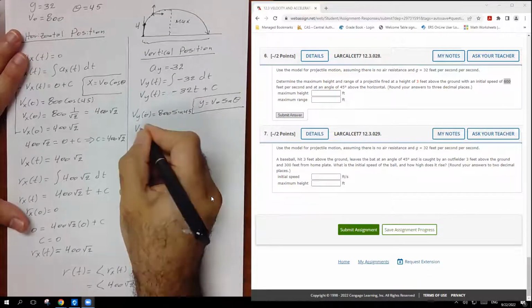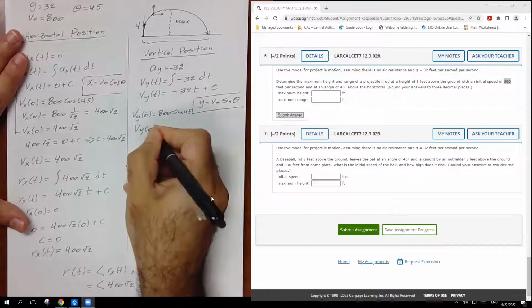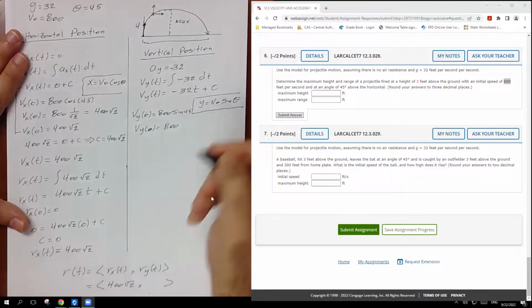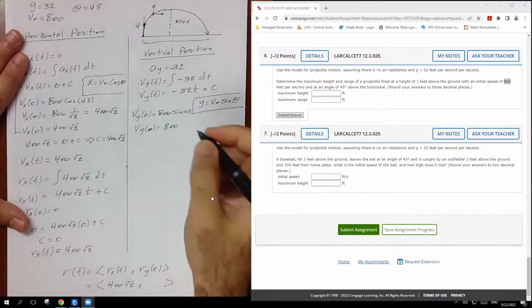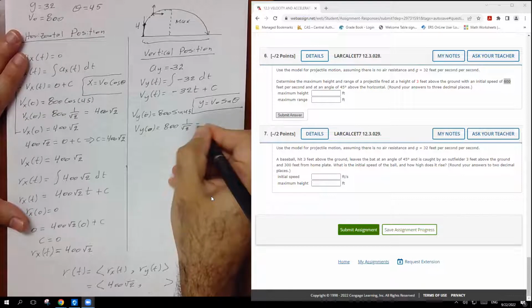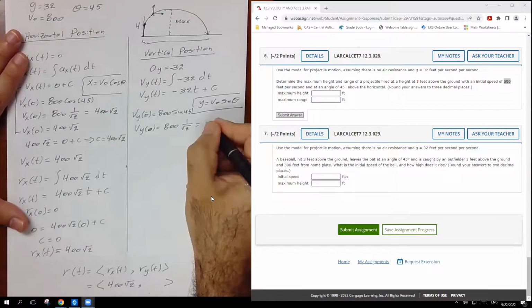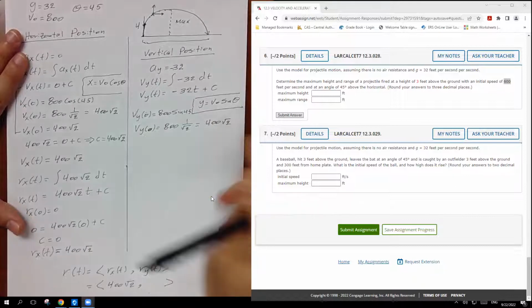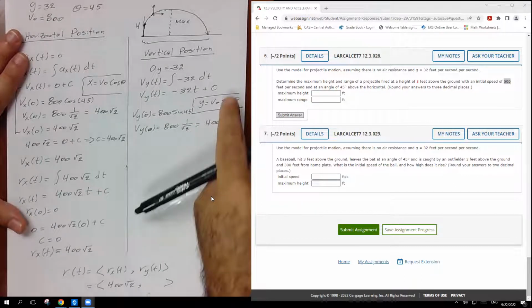So the initial velocity with respect to y is going to be 800 over square root of 2, which is 400 square root of 2. Now I'm going to use this one to find the constant c.